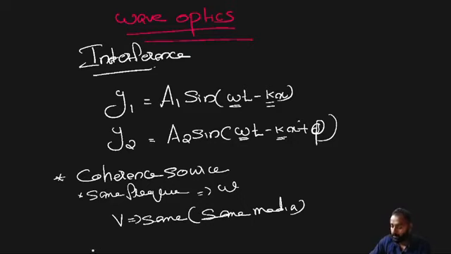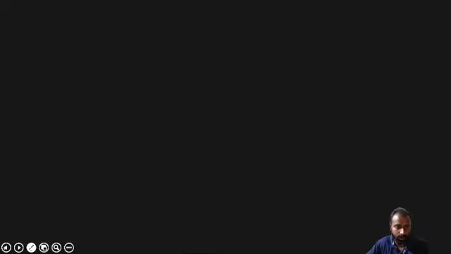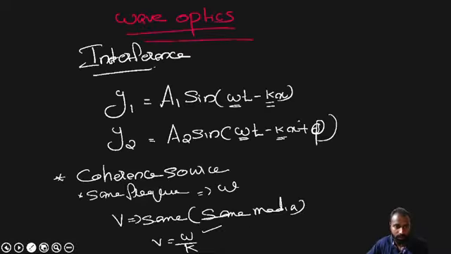Then v is equal to omega by k, we have the wave equation. This omega is constant, and v is constant for the same medium. Then this k should also be the same.